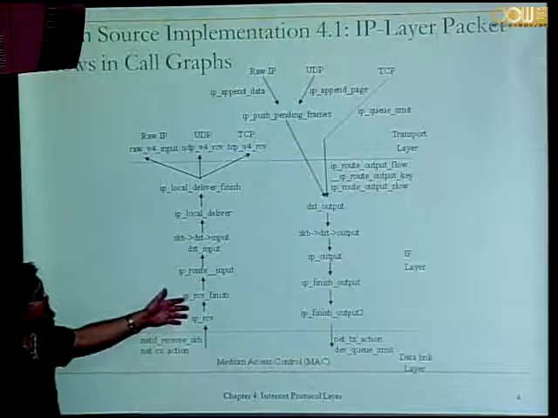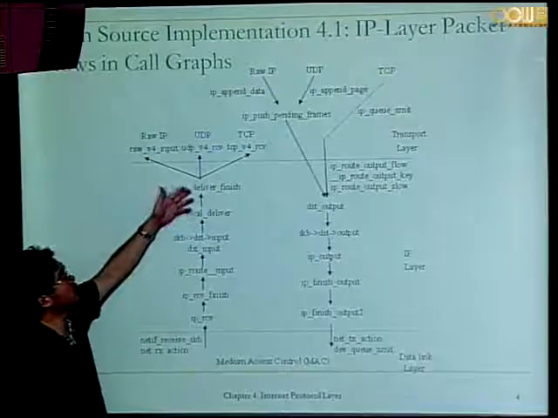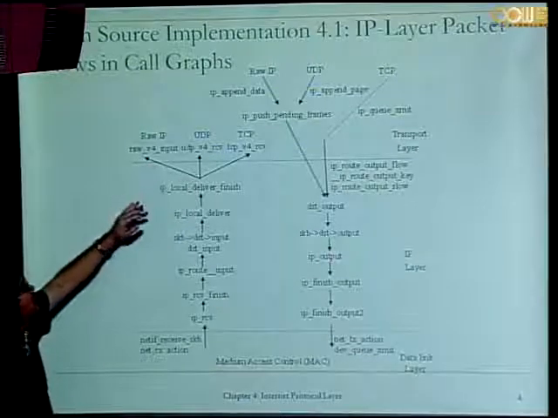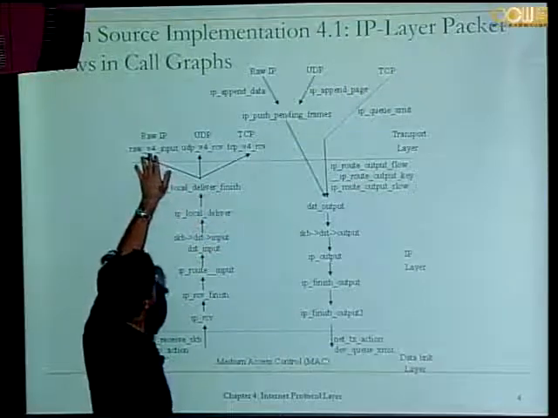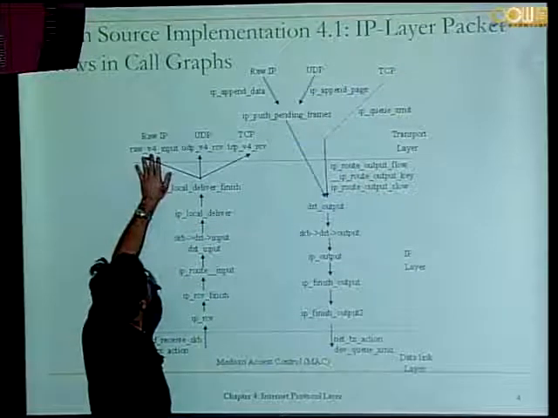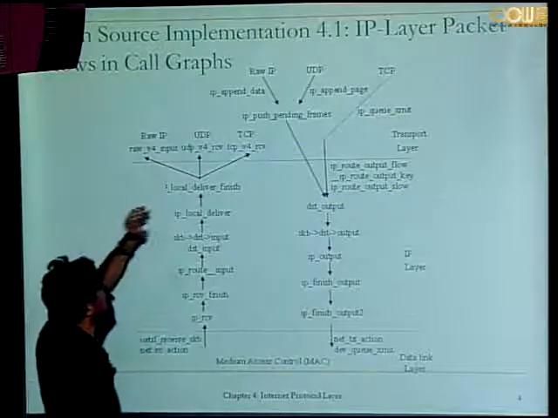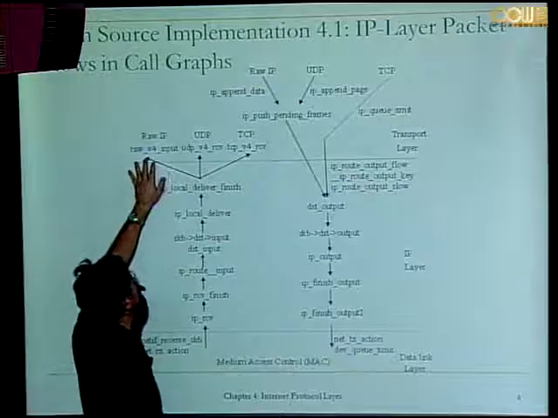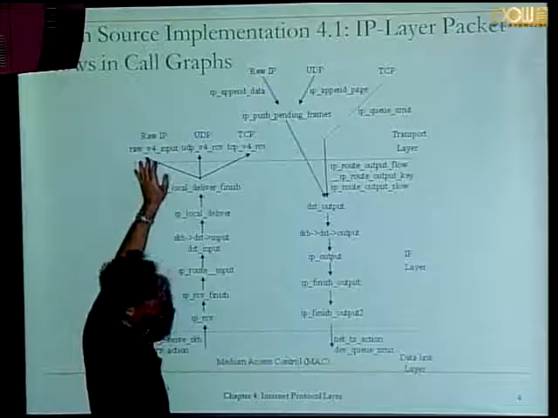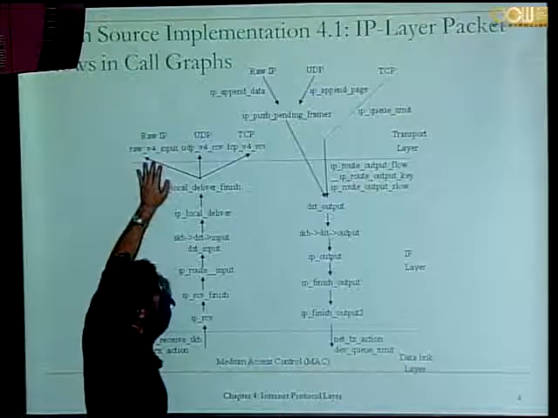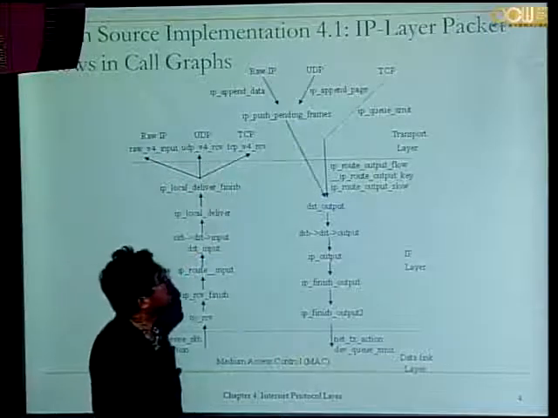And the IP layer is a sequence of function calls. And here it would call the transport layer. However, it would have several transport layers to call: either TCP or UDP or raw, meaning no transport layer, directly to the upper layer. So raw, UDP, or TCP.